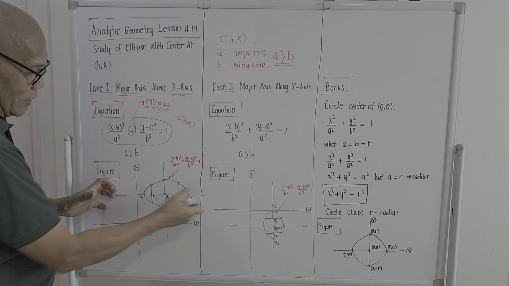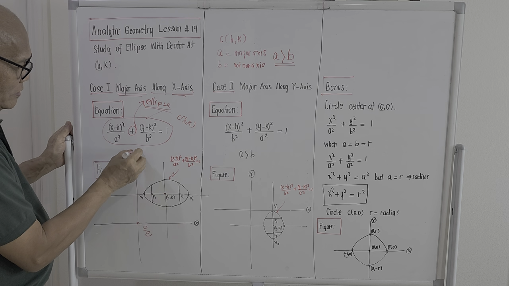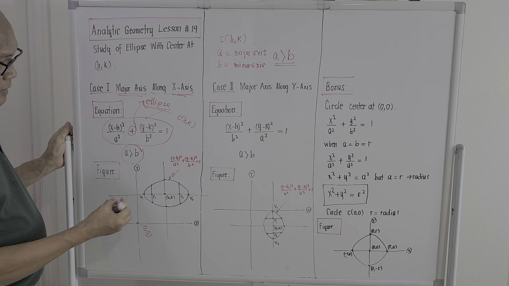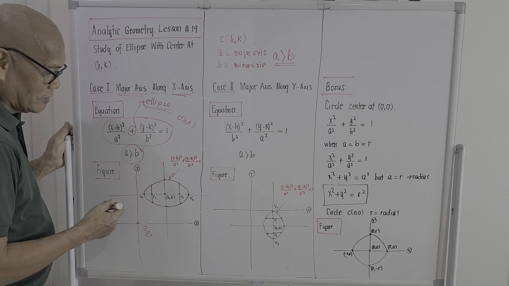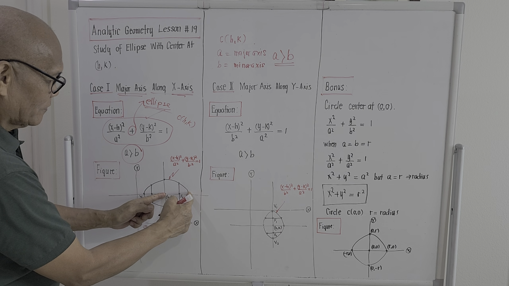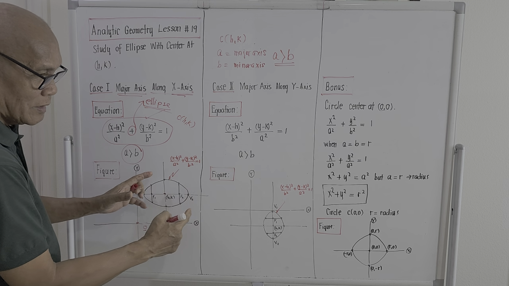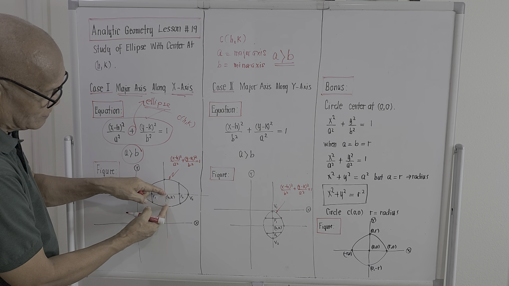So if we try to bring out the figure, since a here is greater than b, and for case number 1, the semi-major axis is actually along the x-axis, so this is a, and this is a. The smaller dimension b is this, and this is b.